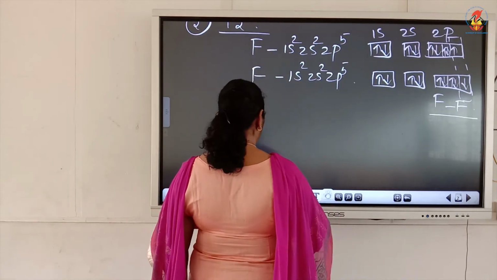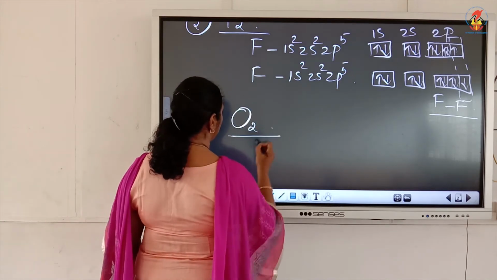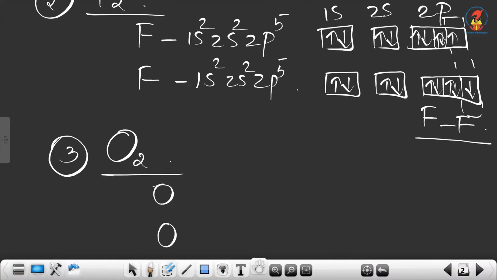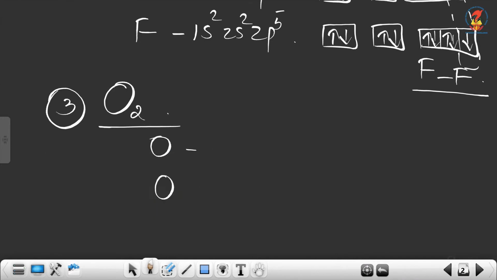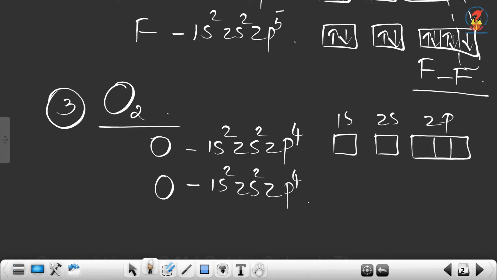Now next example, let's see the oxygen molecule, formation of O2 molecule. For oxygen, we have atomic number 8 and the electronic configuration is 1s2, 2s2, 2p4. Now when you draw the orbital diagram, 1s, 2s, 2p, which is for the second oxygen. Now 1s2, 2s2.